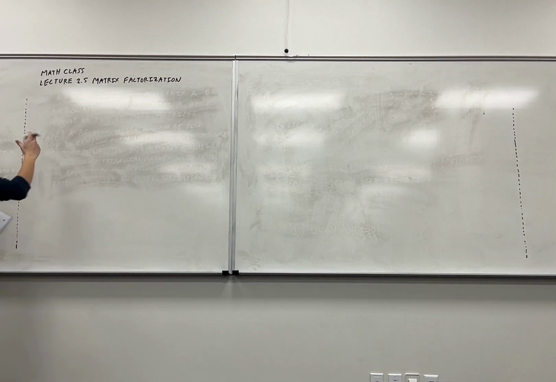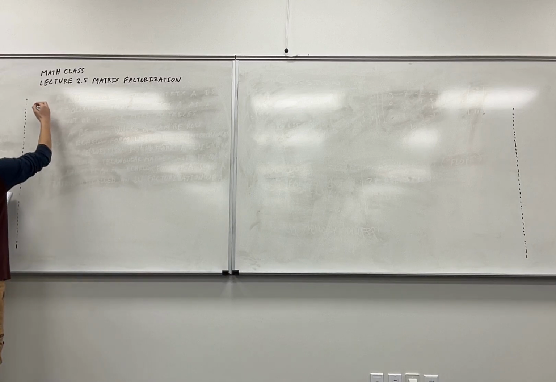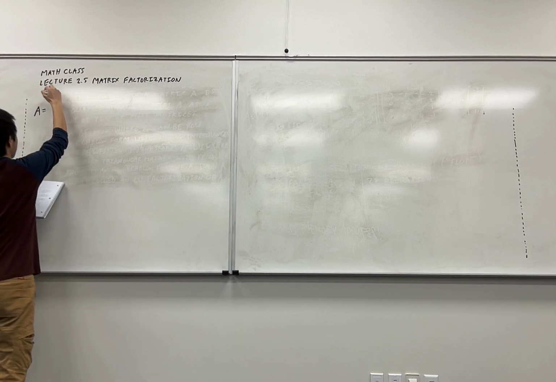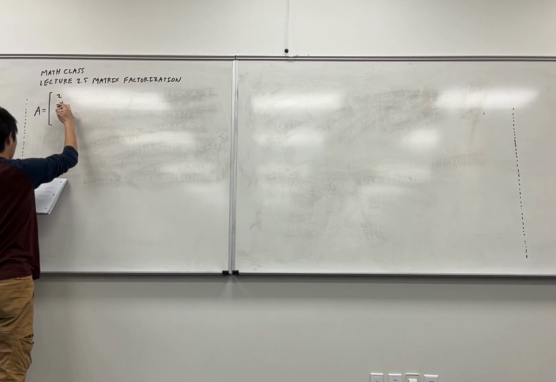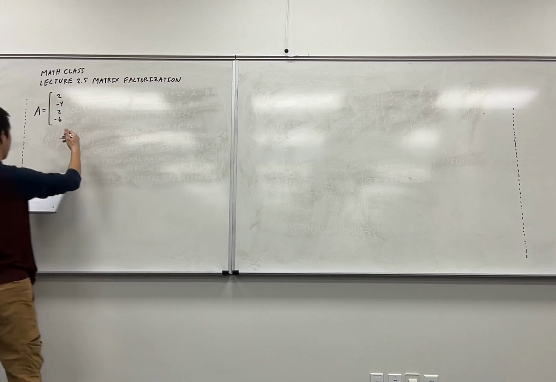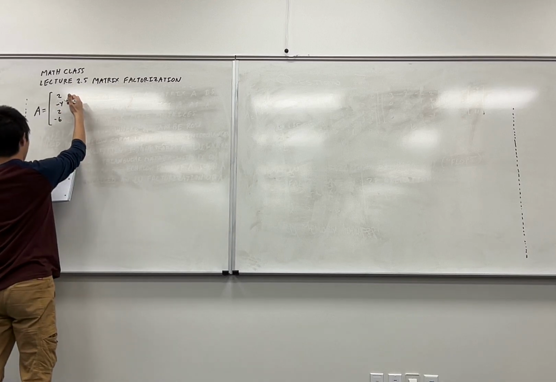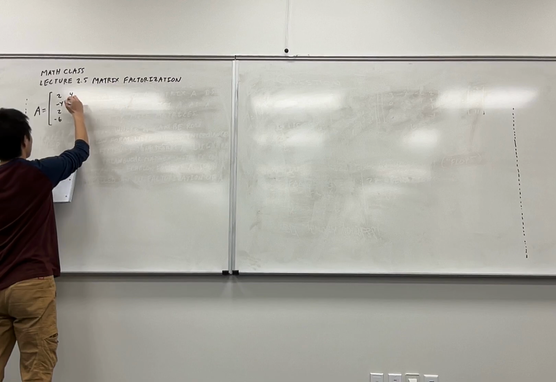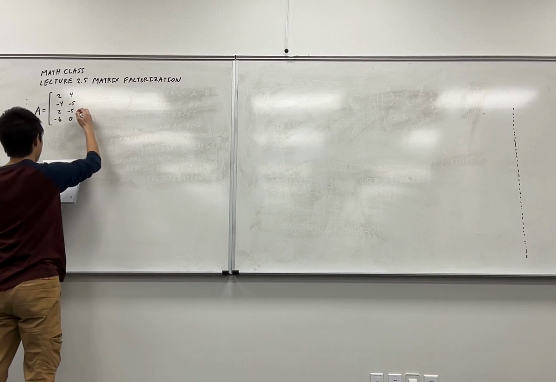Alrighty. So let us LU factorize this matrix together. 2, minus 4, 2, minus 6. 4, minus 5, minus 5, 0.